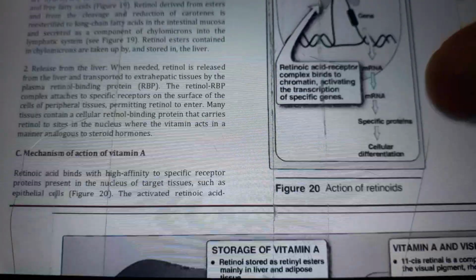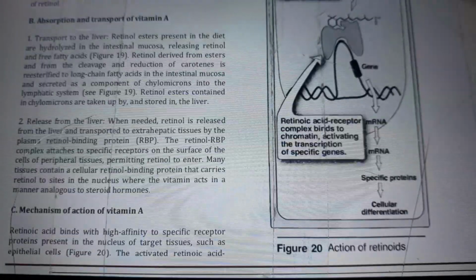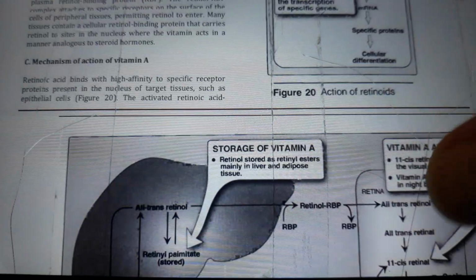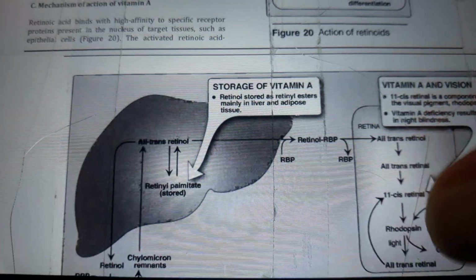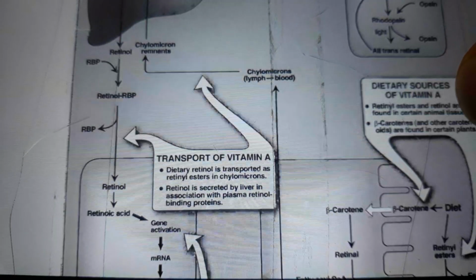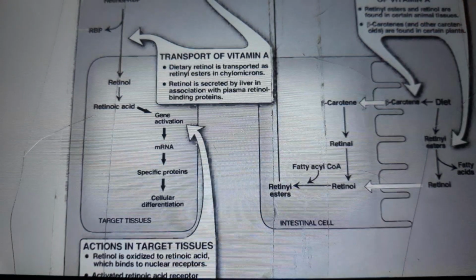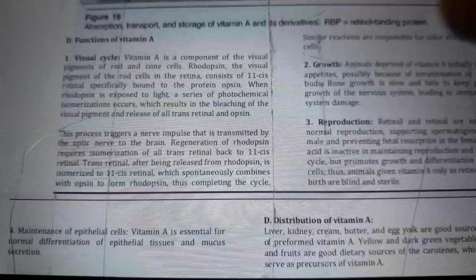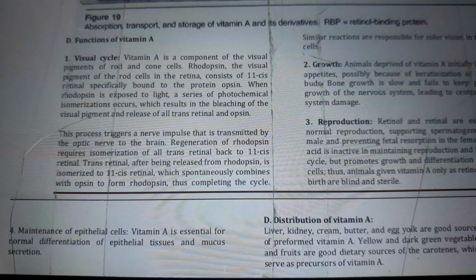I think we've already read that, and we just finished that. We went down to the diagram, the reaction of retinoids. Here is the diagram for the storage of vitamin A and vision, the transport of vitamin A and dietary sources of vitamin A. And the next would be functions of vitamin A.